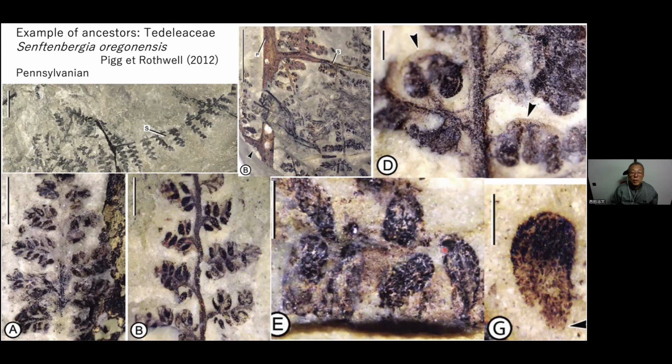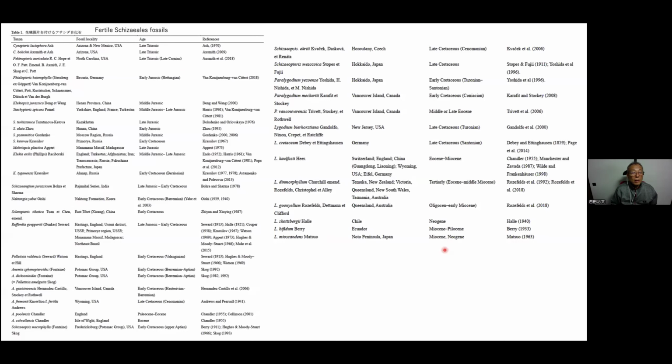So I do not mention much about the Carboniferous ferns. And this is just a table that shows you how many fossil morphologies are compared in this study. 49 or so.